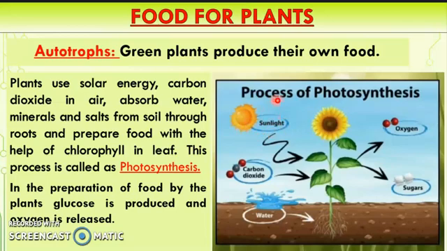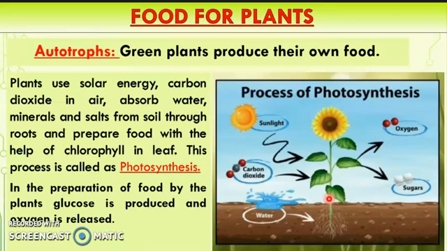Solar energy means sunlight. Okay, they use this sunlight and carbon dioxide in the air. They absorb water from the soil and the minerals and salts available in the soil. They also absorb these through the roots.